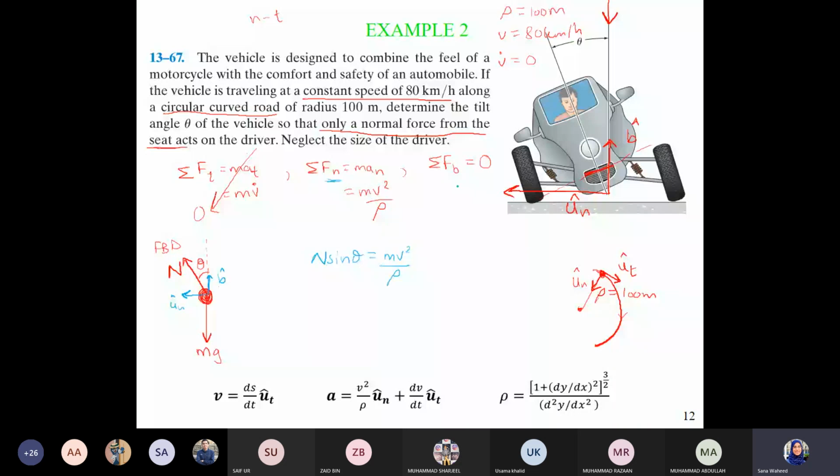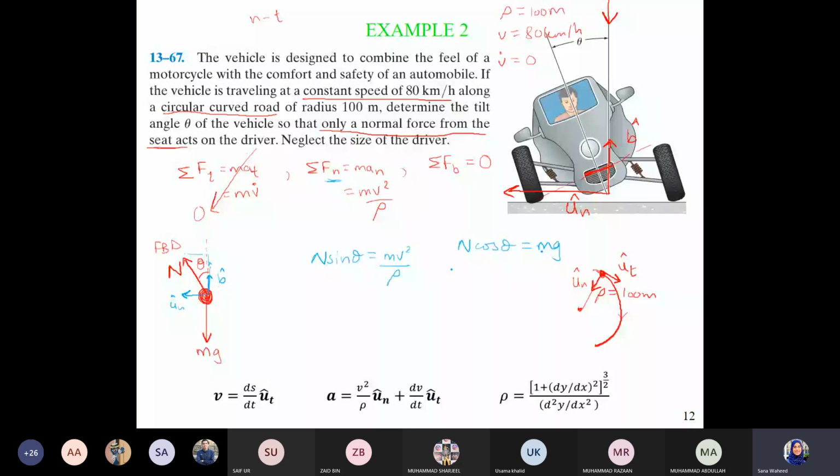Now let's also sum our forces to 0 in the binormal direction. And in the binormal direction, I just have the component of n, n cos theta, acting upwards. So this upward one is n cos theta, which will be equal to this mg acting downwards. Okay?